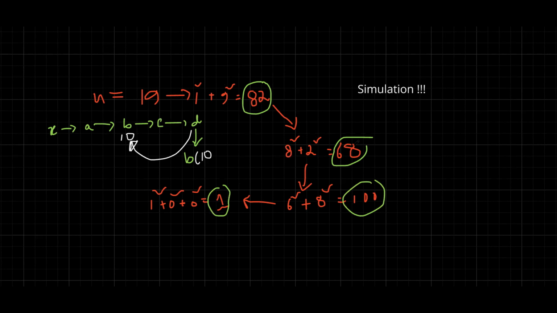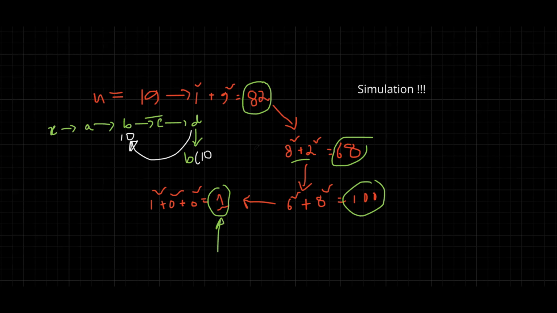If any of the summation values appears previously in any of the iterations, that means it will become an infinite loop. In those kinds of cases, we have to return false. Otherwise, if we can make the input element n equal to 1, then we have to return true. I hope you understood the algorithm.